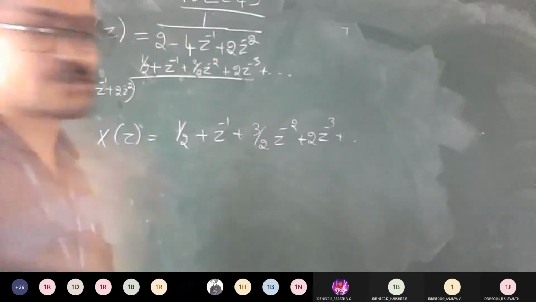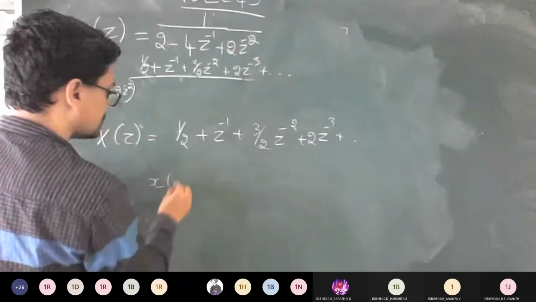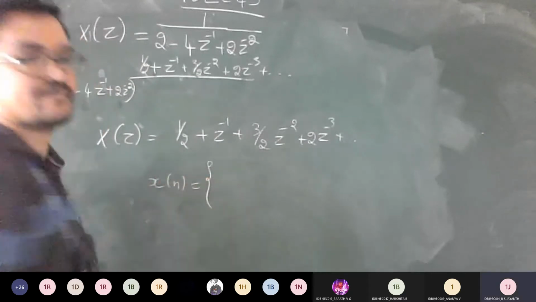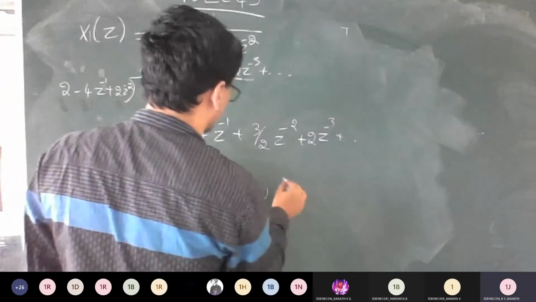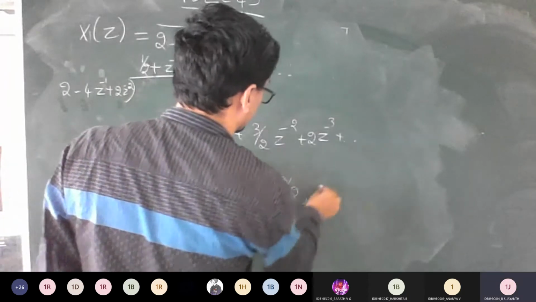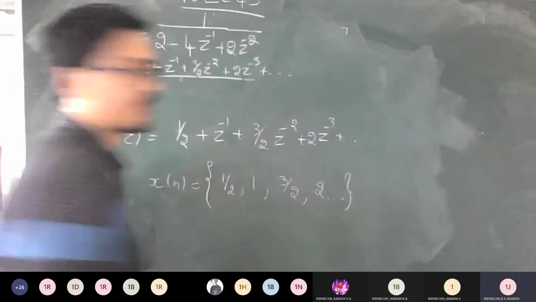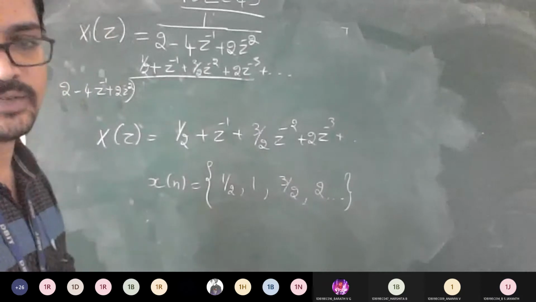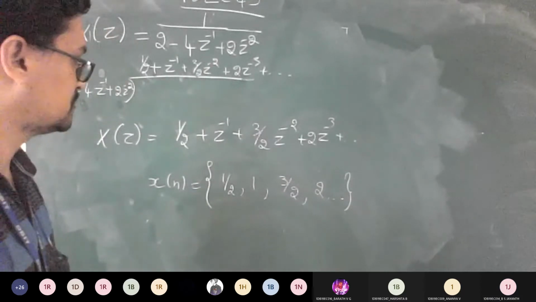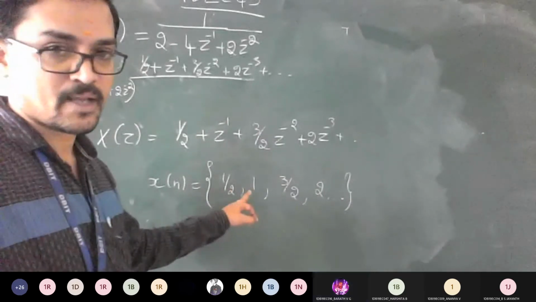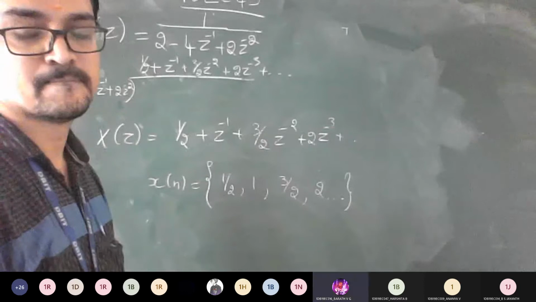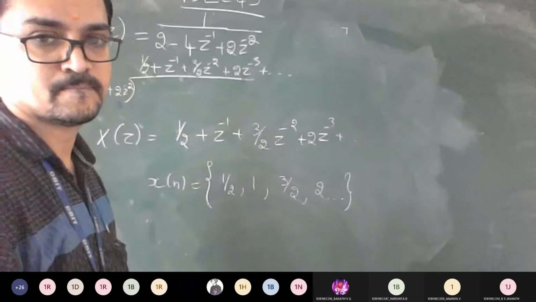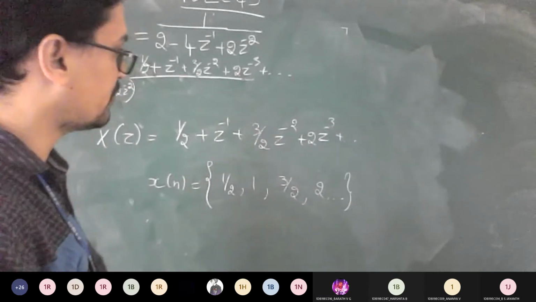So what is the answer for this? x of n is 1 by 2, 1, 3 by 2, 2, and so on. Okay, so now it is in which form? n by 2 into u of n. Will we get u of n here?